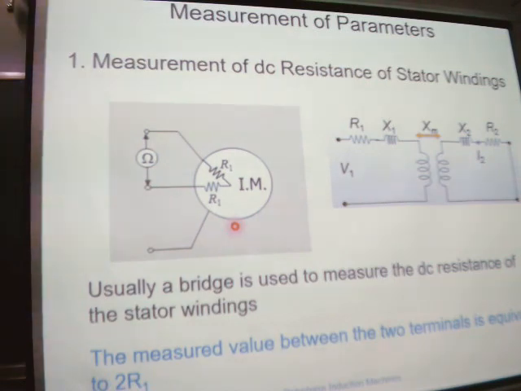But usually at 50 or 60 hertz frequency, the difference between the AC resistance and the DC resistance we measure here is not very significant. We just consider them equal.